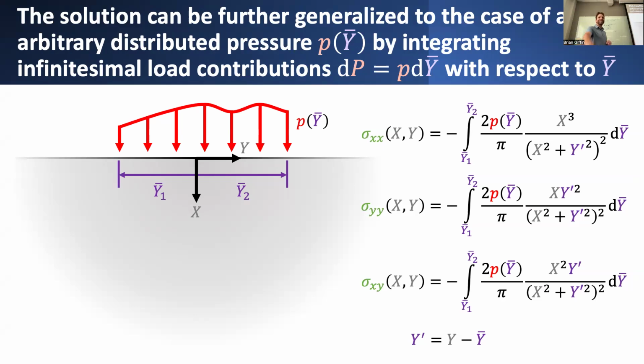The book has some suggested references for which specific equations you should use. But yeah, if you try to integrate these expressions, it'll involve some dependence on y prime that has this dependence on y bar. But it's really important to recognize that the limits of integration and the integration variable for each of these expressions is not the actual coordinate y, but rather the shifted coordinate y bar.